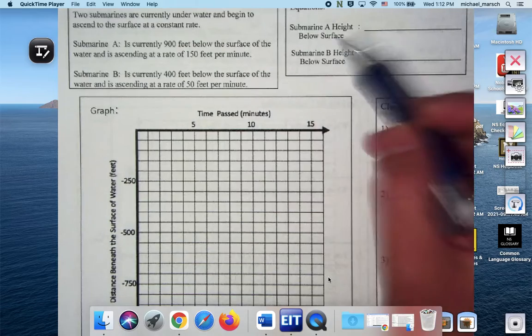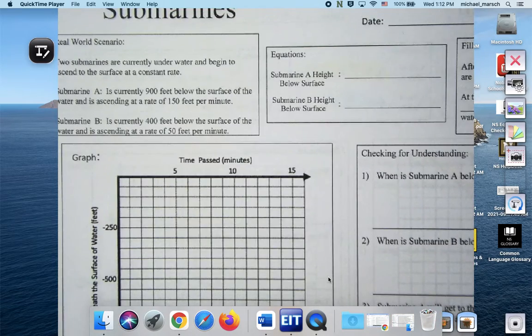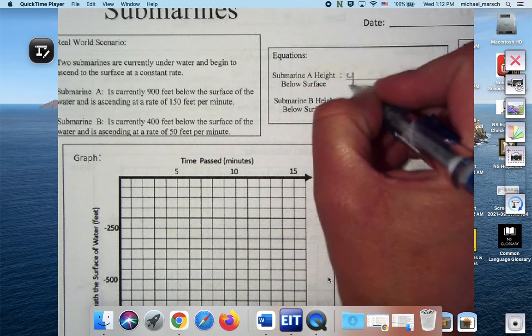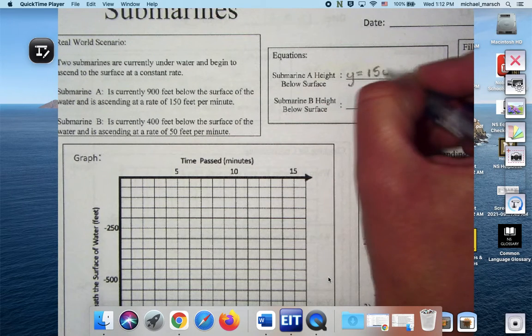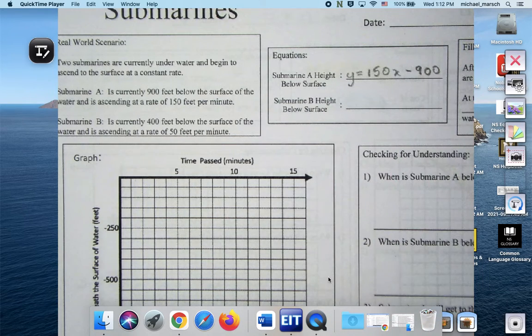Okay, so what is my equation going to be for submarine A? What do you think, Eden? Y equals 150x minus 900. And then how about submarine B? Yes, Elizabeth.